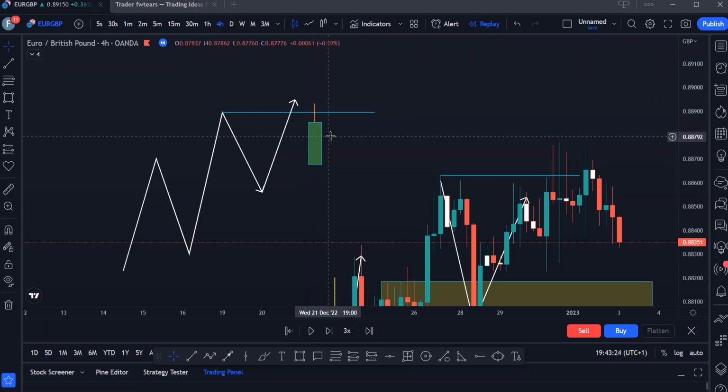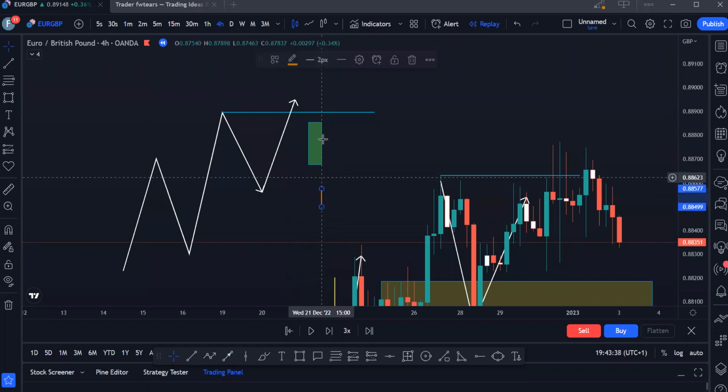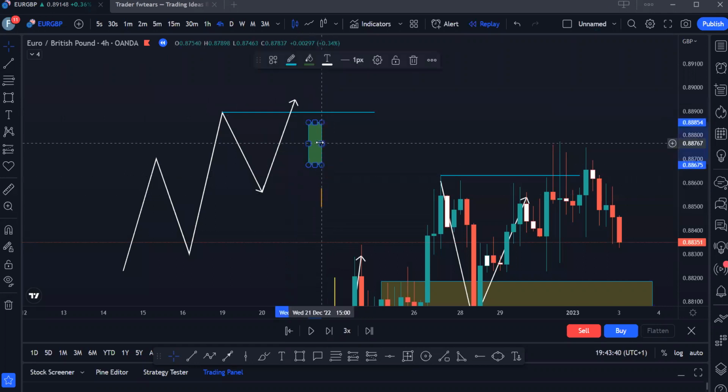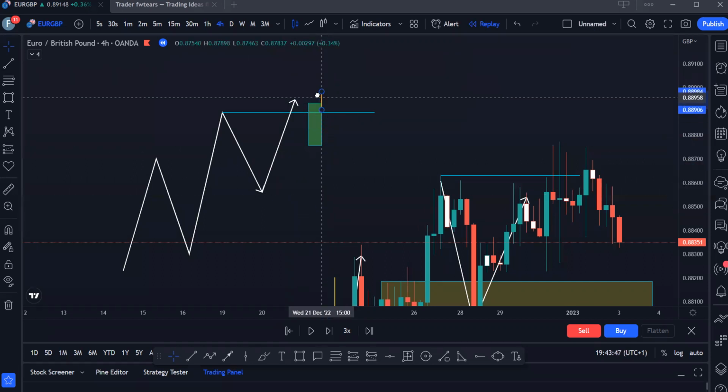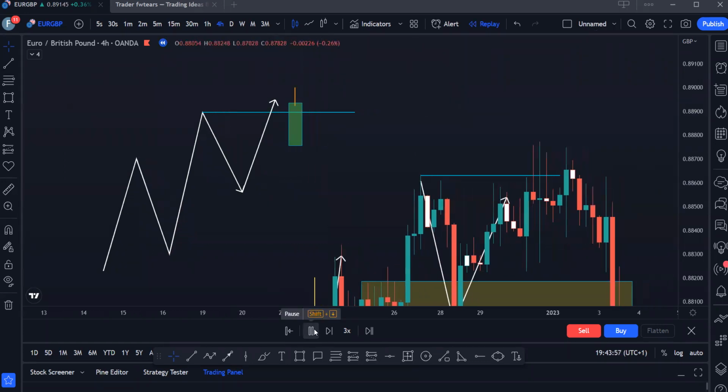All right, so for me to see that price is continuing in that higher high, I want the body of the candle to close above this zone. So I'm looking for something like this. Aha. So when this happens, I consider this as a higher high. I hope that is clear enough, guys.